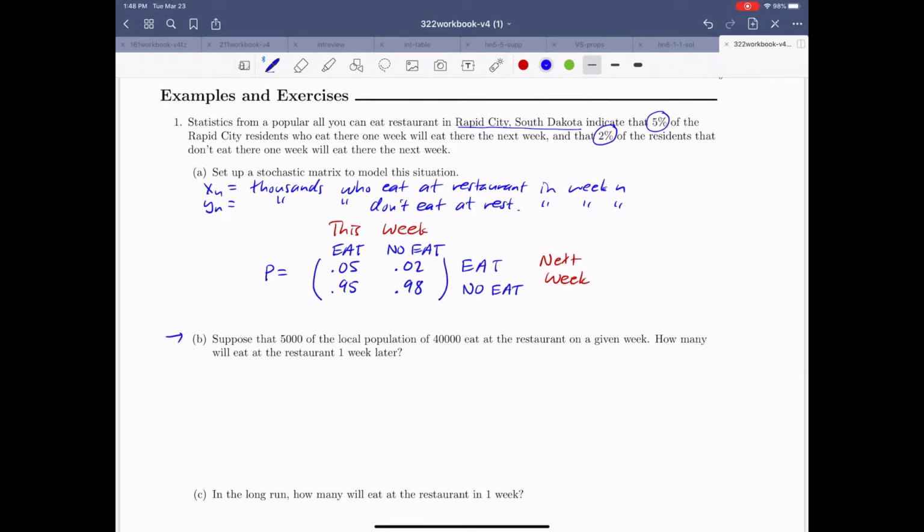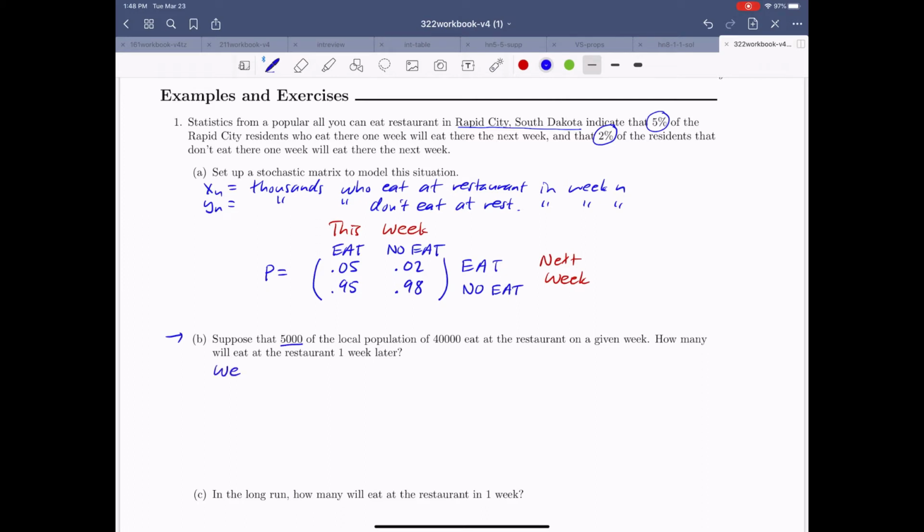That gets the process started here, and we are ready to move on to part B then. They tell us, suppose that 5,000 of the local population of 40,000 eat at the restaurant on a given week. How many will eat there at the restaurant 1 week later? We can use our transition matrix to answer this question. So let's start with the numbers that they're giving us. Think of 5,000 as being an initial amount of people who eat there.